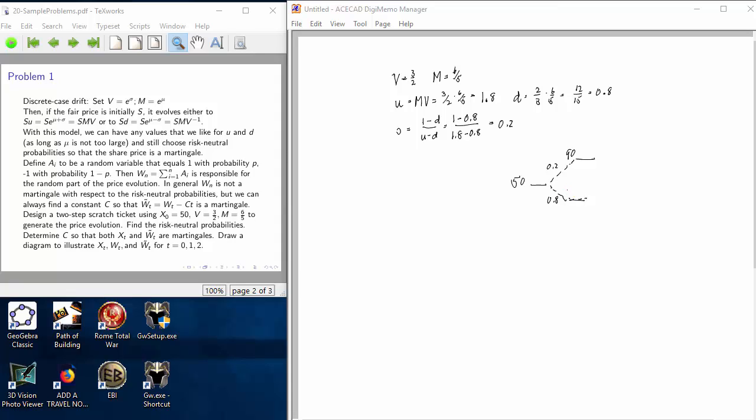And the same thing happens at the next, and indeed any number of subsequent steps. So at the next stage, with probability 0.2, the price skyrockets to 162.